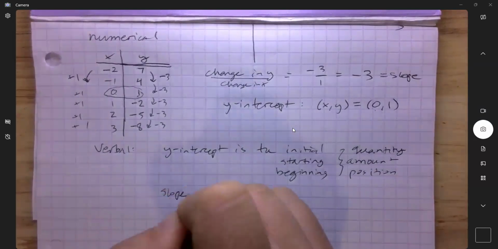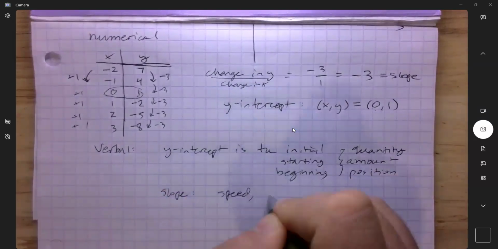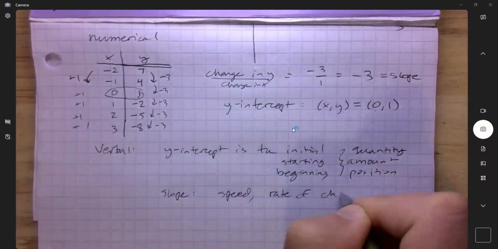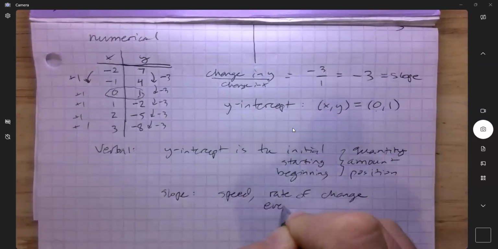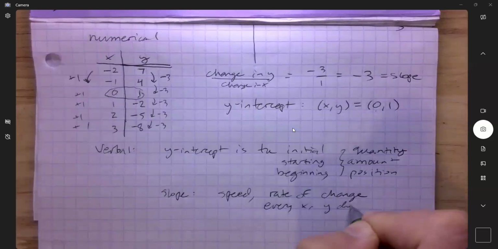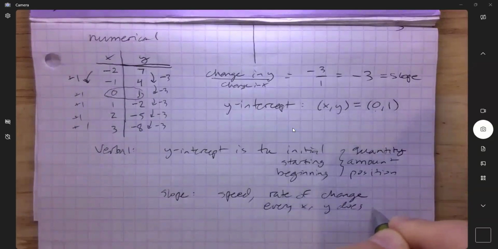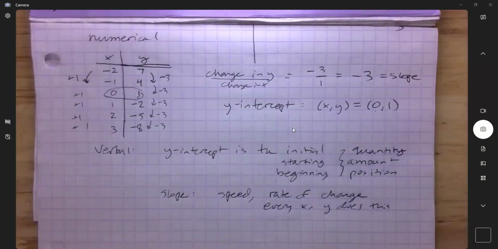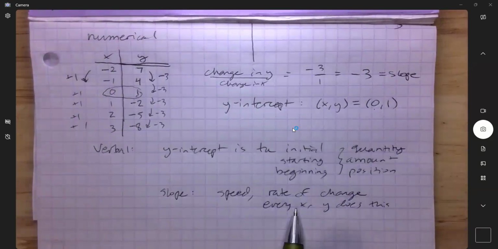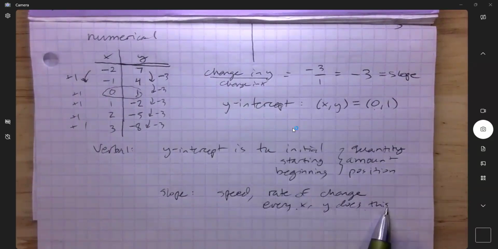And the slope is a speed or a rate of change, or you may see it as every x, y does this, right? Every minute, the distance increases by 5 meters, or every additional sandwich, the cost goes up by $10. So those are our 4 representations.